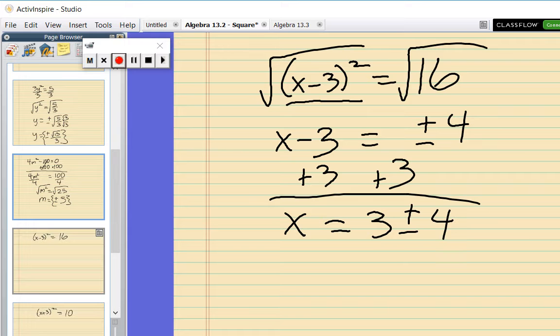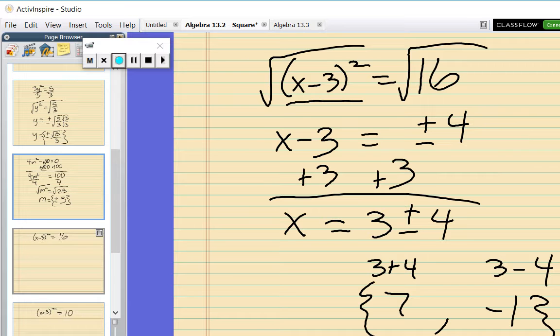Now, you can't leave it like that because we can still actually evaluate each one. So, there are 2 possible solutions, 3 plus 4 and 3 minus 4. So, 7 and negative 1. These are the 2 solutions we're looking for. Yeah, you got to go as simple as you possibly can. This is correct here, but it's possible to go further.